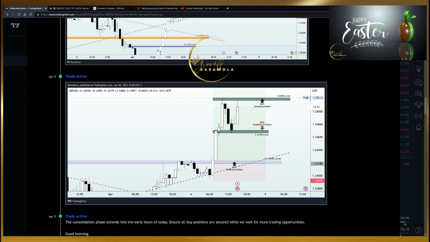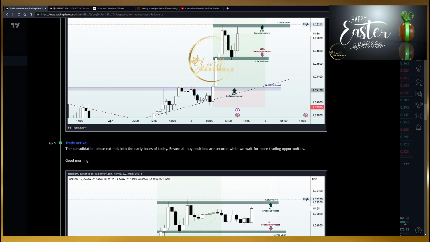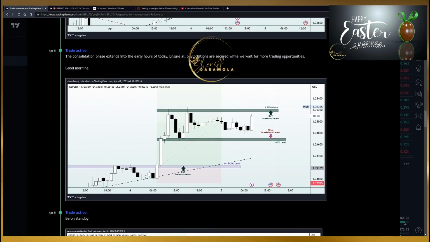And you all know what we look out for whenever we have this kind of simple channel. We want to see price action break out of either the resistance line or the support line for a trading opportunity. So with our orders placed at both ends, we expected price to trigger one of the positions.